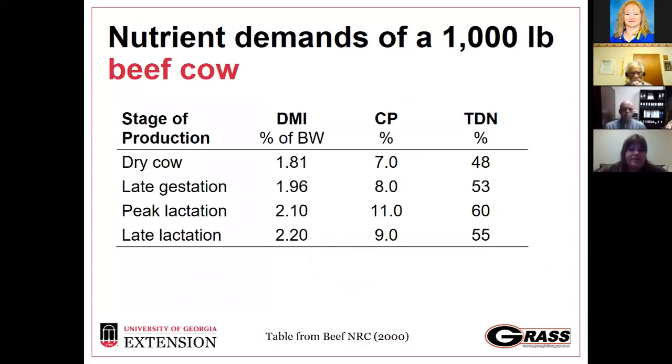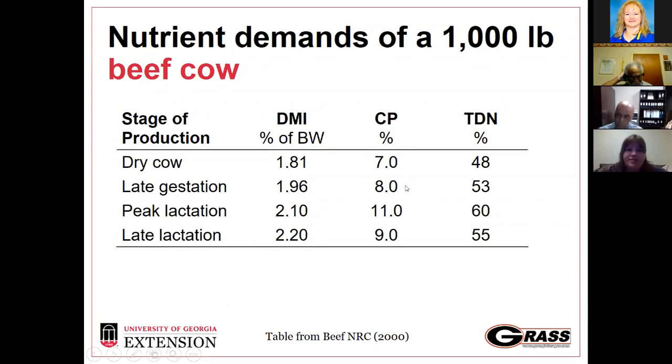To give you a good idea of what the nutrient demands would be for a 1,000-pound beef cow, because that's where a lot of our recommendations are set at, you can see, as we're moving from a dry cow into late gestation and entering lactation, her demands for dry matter intake are steadily increasing.